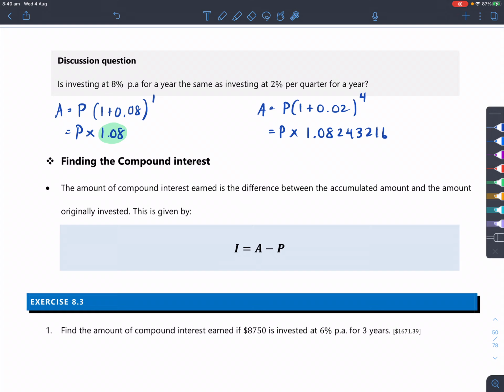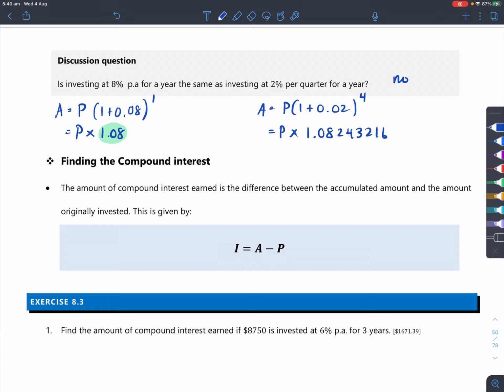So although it's going to round to the same number, if we don't round it, there is actually an extra amount here. So this overall is better. It's going to increase P by 8.243%. Okay? So no, it is not the same.